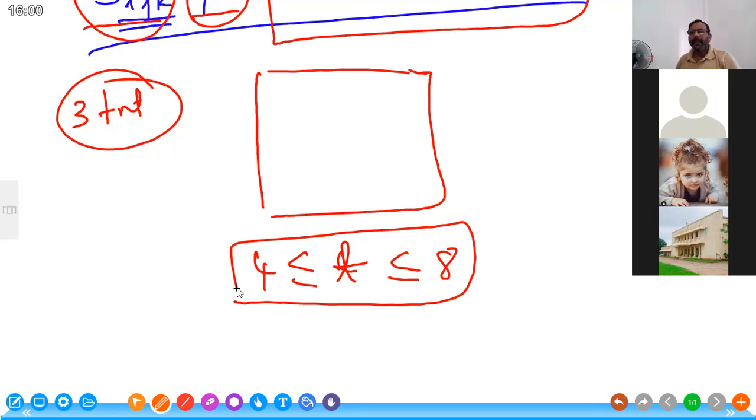Anyone? Sri Tivagaran? If there's a 3 treatment, why Latin square is not good? Rania?